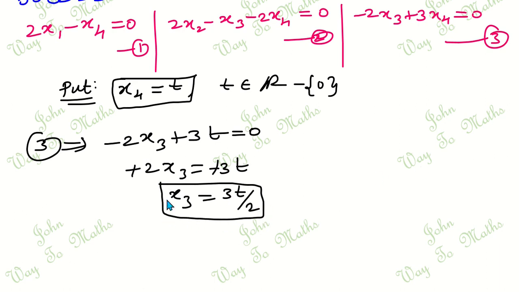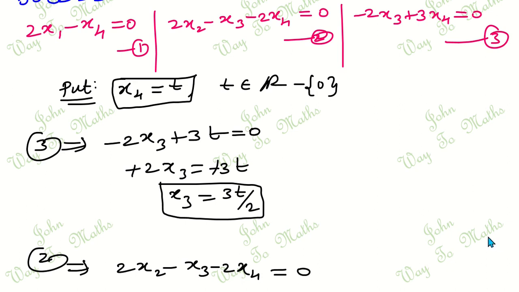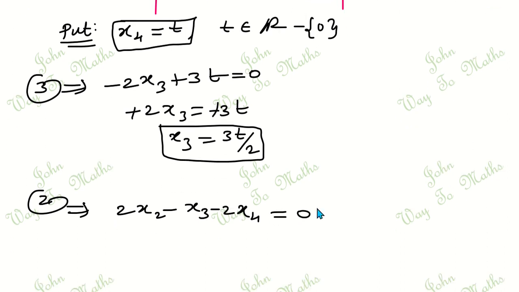So then equation number 2 becomes 2 times x2 minus x3 minus 2 x4 is equal to 0. So here I'm going to apply some values. 2x2 minus x3, that is 3t by 2, minus 2 times x4, that is t, is equal to 0.